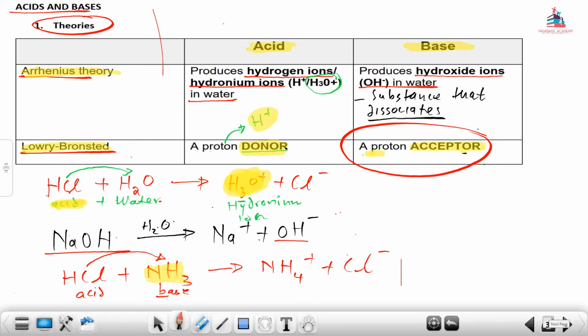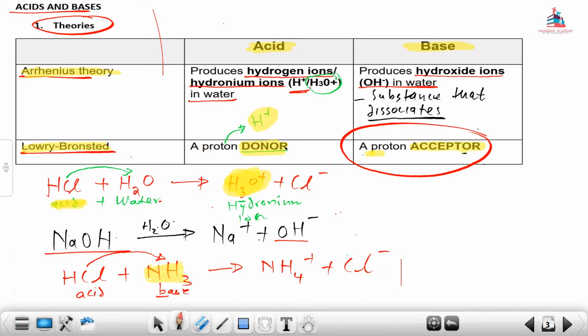But before I go into that, I want you to give me a confirmation by show of hands that you fully understand the two theories, and what the difference between the two is. They are only saying the same thing. One is focusing on the product being H3O plus in water.